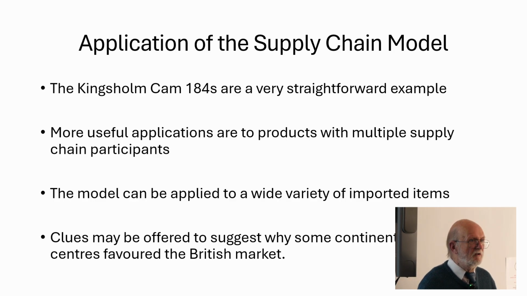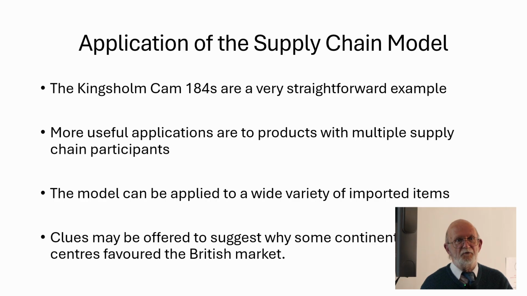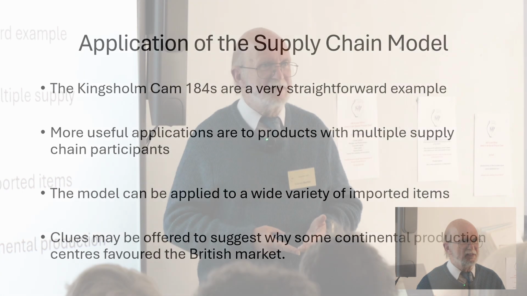And that varies over time. But there is scope, I think, to use the simple model in a much wider way than I've done here, and it may provide important clues further down the line. But that's beyond what I'd have time to discuss this morning.